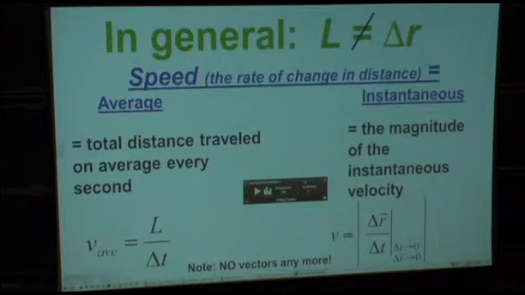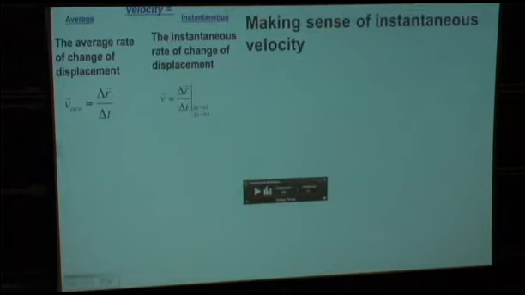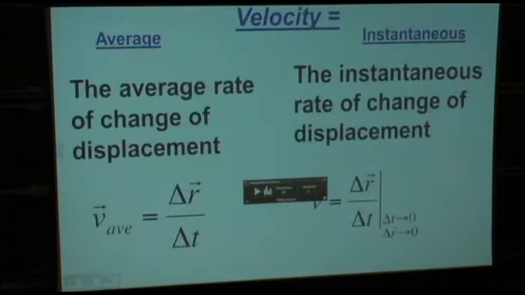The average speed is distance divided by time, total distance divided by total time. And the average velocity is total displacement divided by total time.